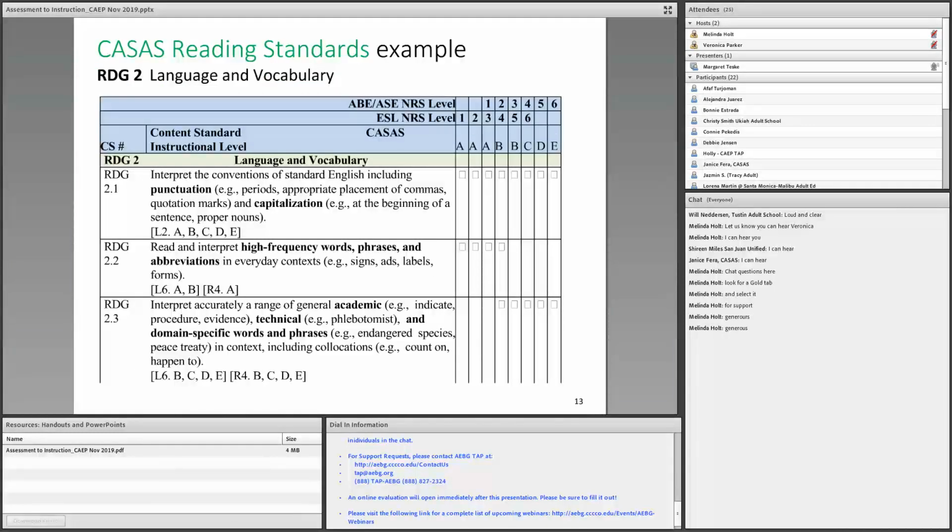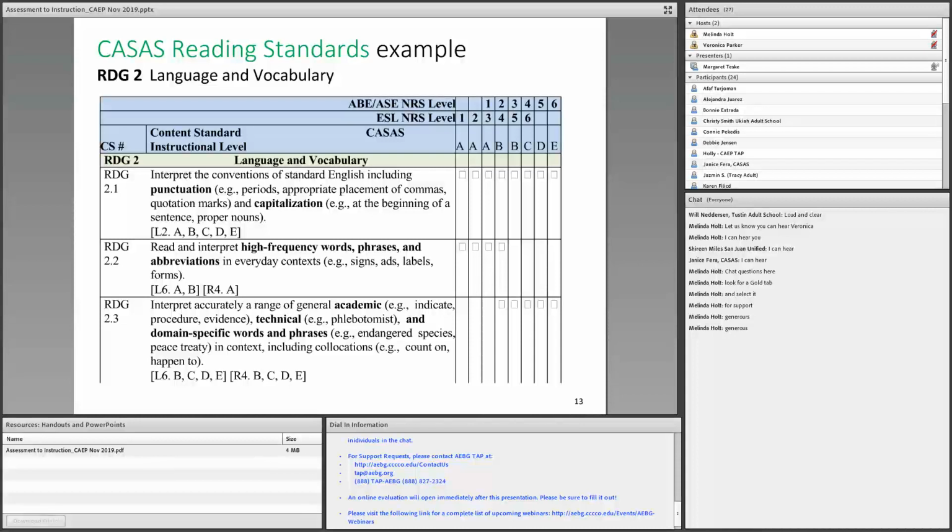Here's an example from Reading Standard 2, which is language and vocabulary. And the little boxes that you see there, there should be dots, but it didn't come through that way. That's okay. The Reading Standard 2.1 has to do with punctuation, capitalization. That's actually used in all of our test levels through ESL and through ABE.